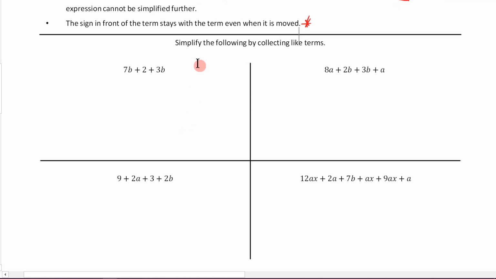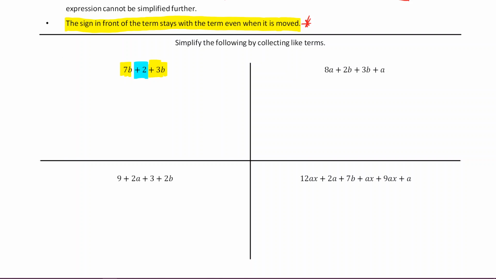All right. So we need to simplify the following by collecting like terms. So first, let's collect our like terms. Well, for this one, I have 7b and I have 3b. Both of those are like terms, and this 2 is not a like term. Now, what's really important is that we include the sign in front of the term, and that's what this says. The sign in front of the term stays with the term even when it's moved.